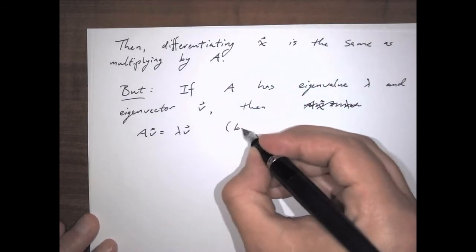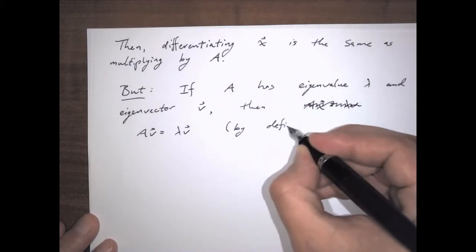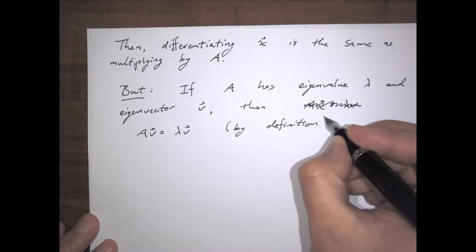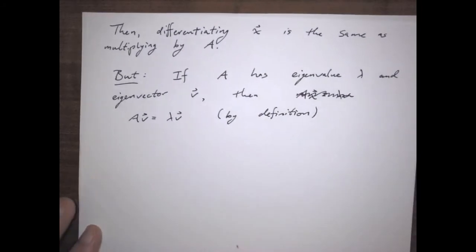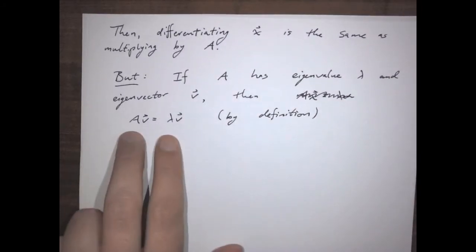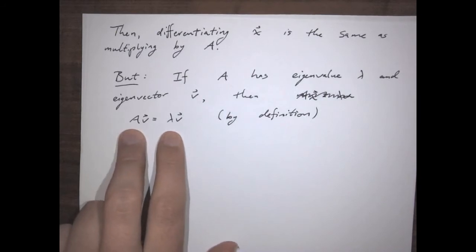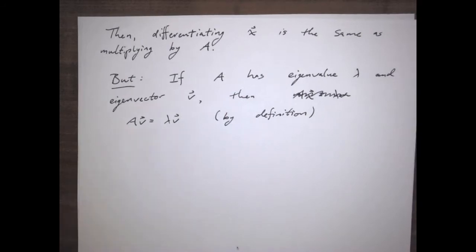This is by definition. If you remember what the definition of an eigenvector is, it is a vector such that when you multiply by A, that is the same as merely multiplying by a constant, which is called an eigenvalue.